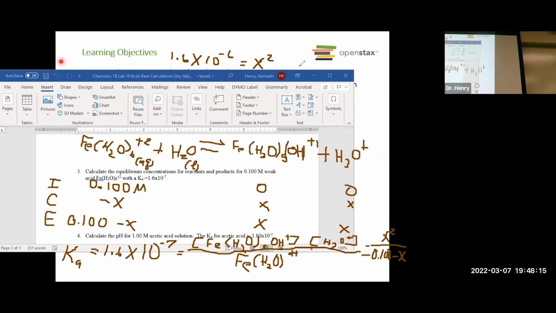So then x is going to equal 4.0 times root of 2 minus 2. Oops, sorry.